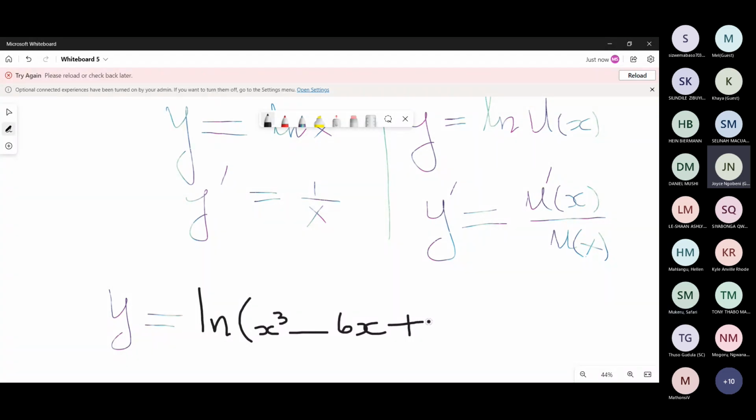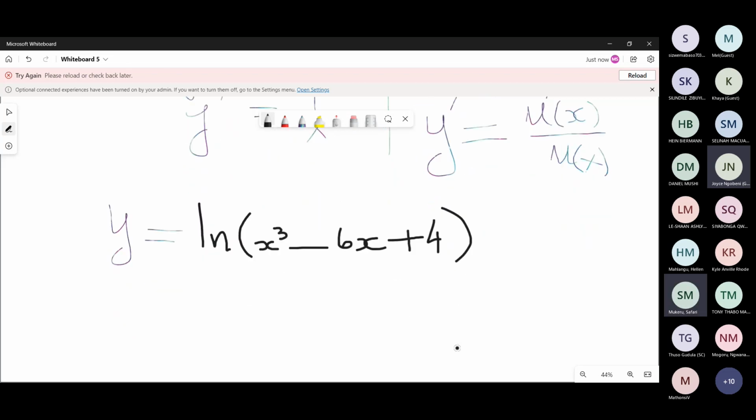How can we compute the derivative of this function, y prime?